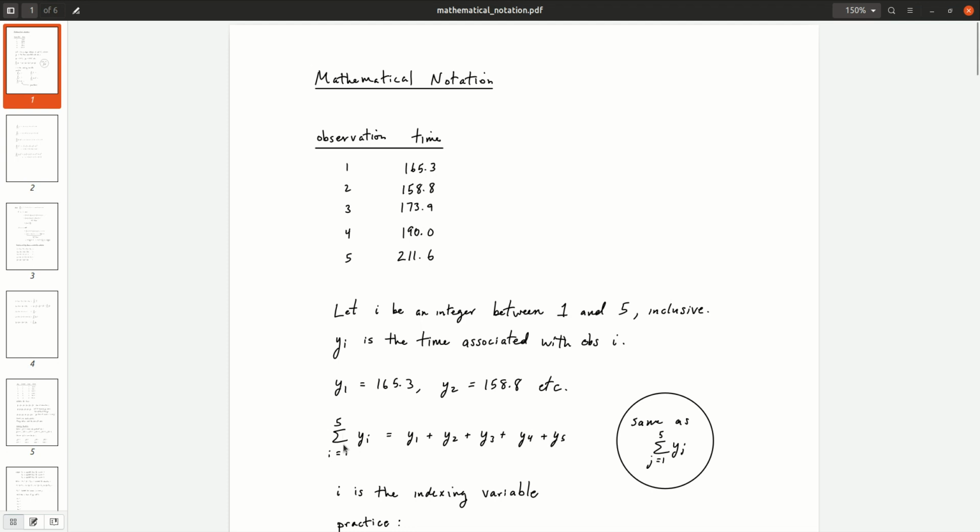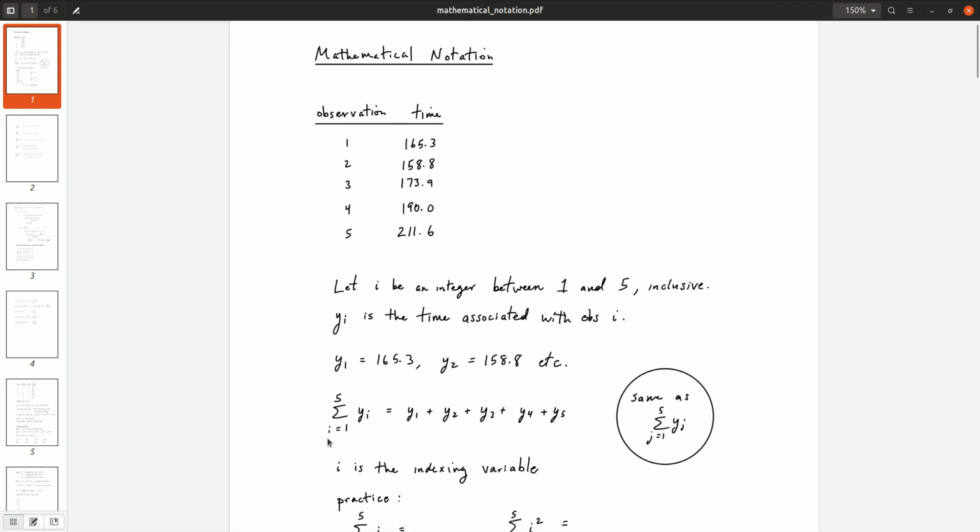The way this works is you put this big Greek letter here. This is the Greek letter sigma. Underneath it, you define what's called the indexing variable. Here I'm going to use i for the indexing variable. We define where we want it to start beneath the sigma symbol, so we're going to start with i equal to 1. Then above the sigma, you write where you want it to end.